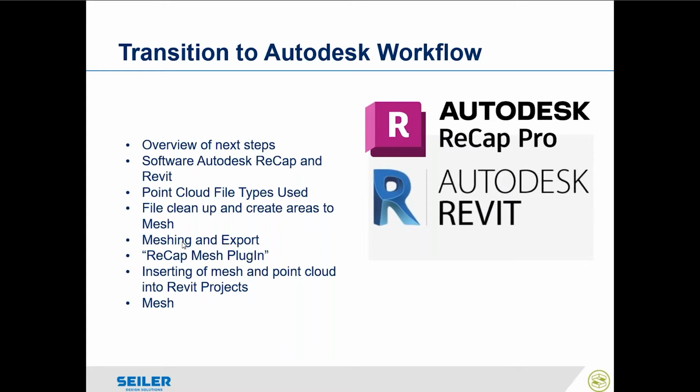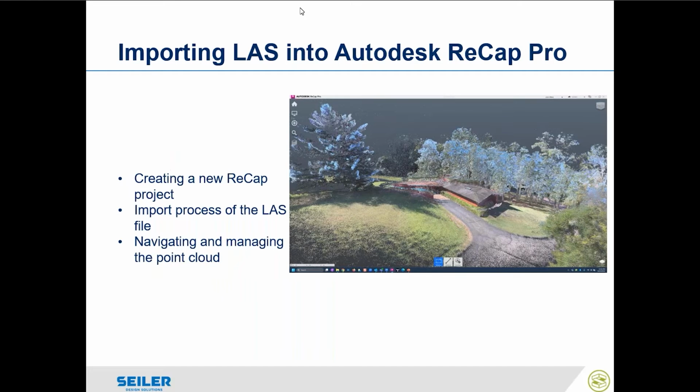We're going to go through that meshing and export, utilizing the plugin to bring that into Revit, and then how to insert that into your Revit project. So creating a new ReCap project, we're going to import an LAS into this project. What does that process look like? Navigating, managing the point cloud here.